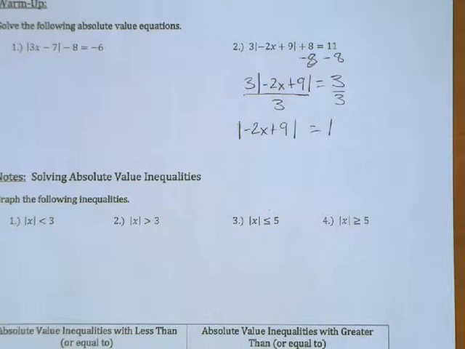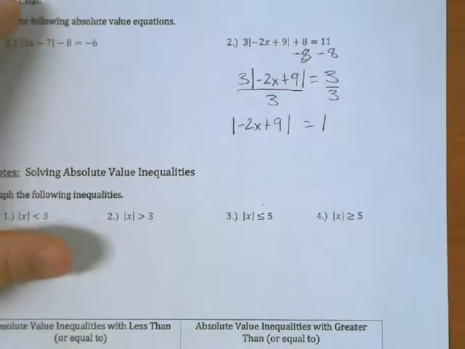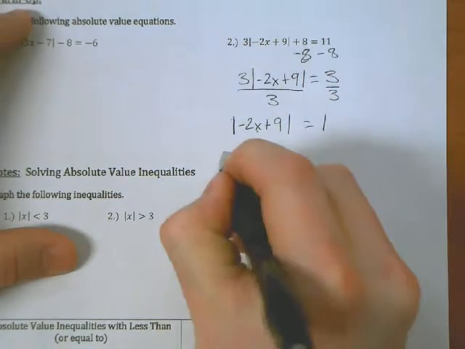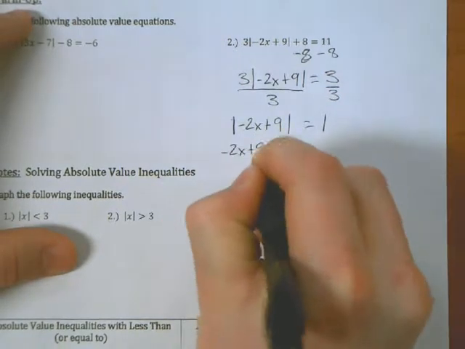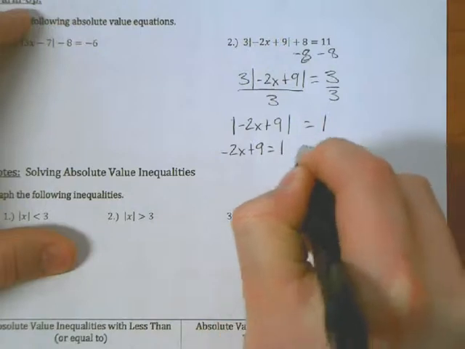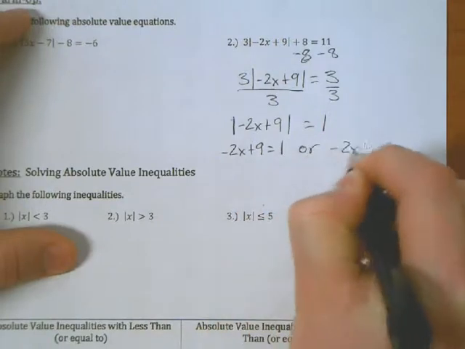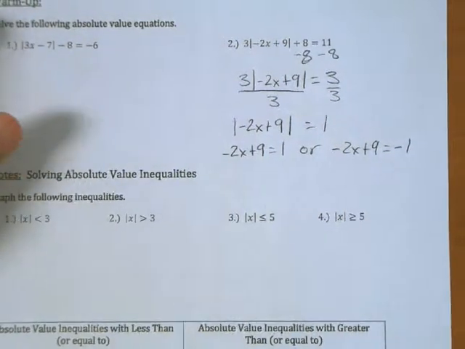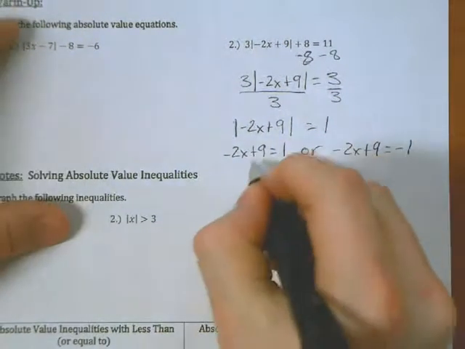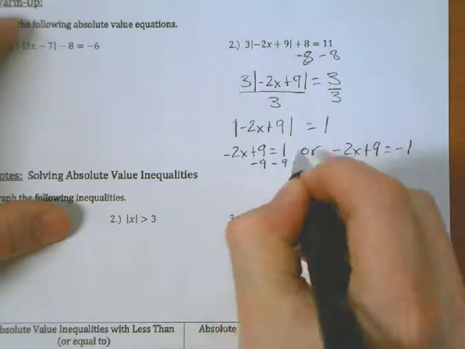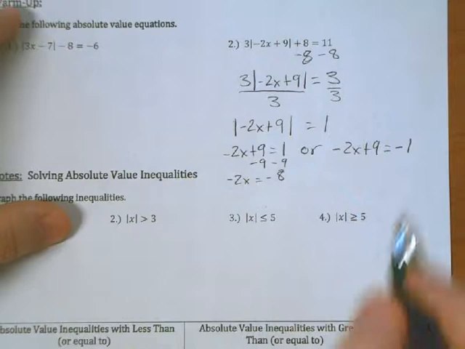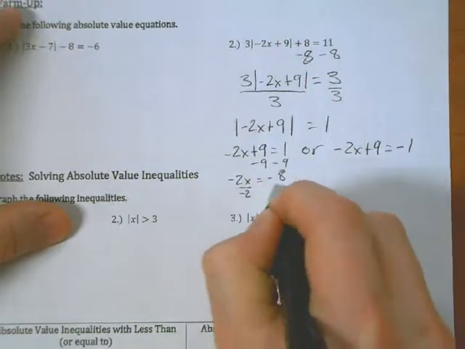So Allie, tell us what we do to solve it. So we do negative 2x plus 9 equals 1, or negative 2x plus 9 equals negative 1. Okay.